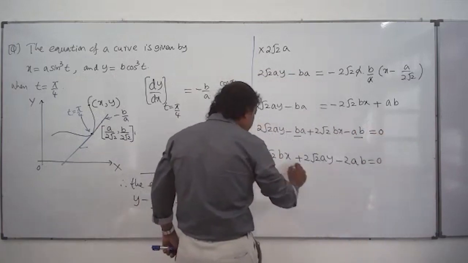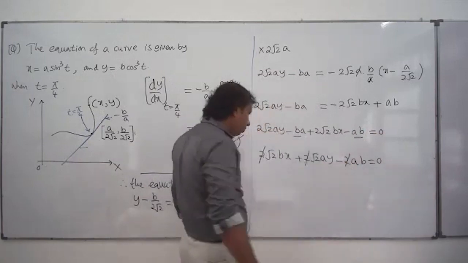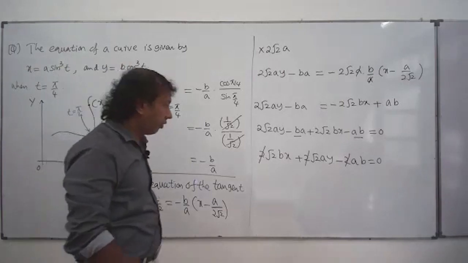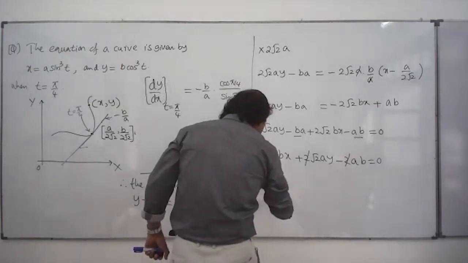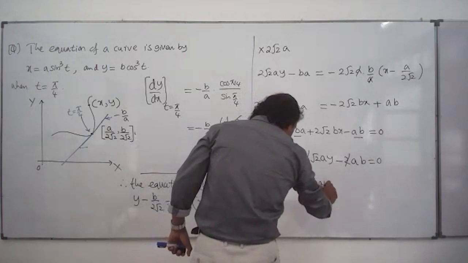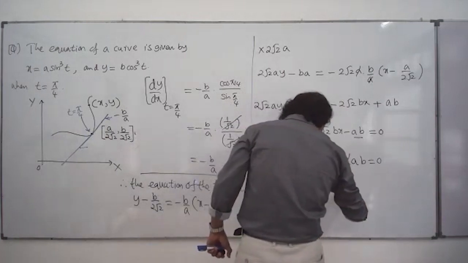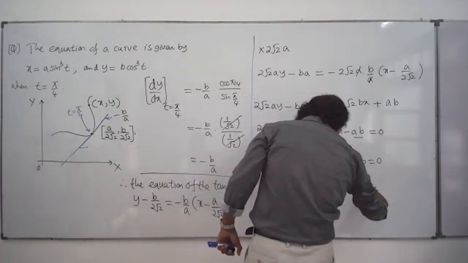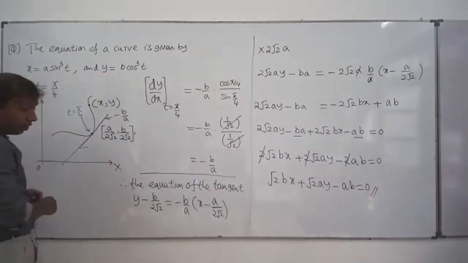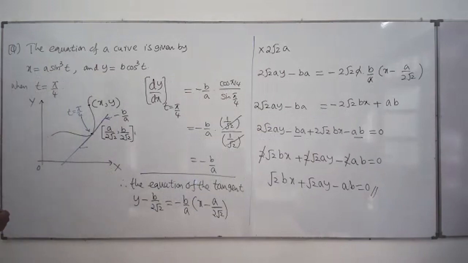We can cancel down these two. Okay. Then we get people the required equation of the line. Root 2 bx plus root 2 ay minus ab equals 0 is the required equation of the tangent.